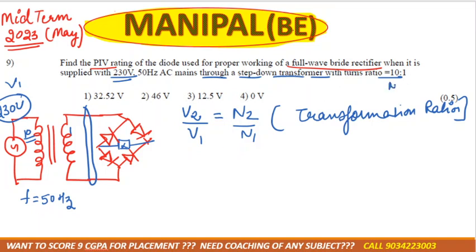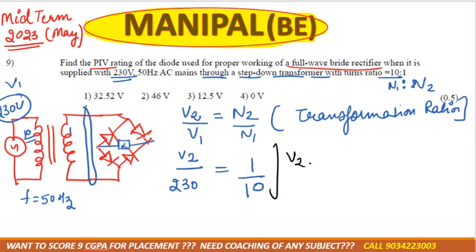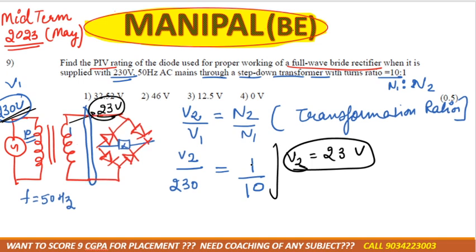N2 is 1, N1 is 10, V1 is given as 230, and V2 we need to calculate. After solving we get 23 volt. You can do it directly also: if the number of turns decreases 10 times, the voltage must also decrease 10 times. You provide 230 volts, so here we get 23 volt.